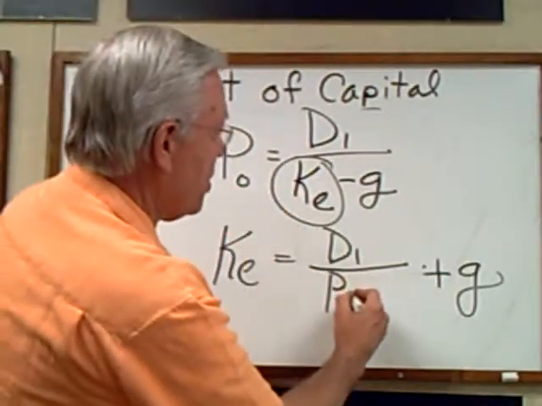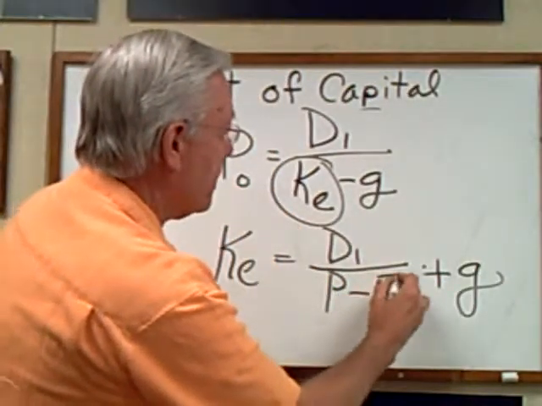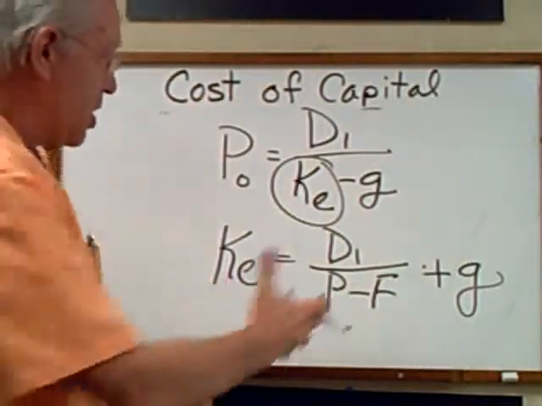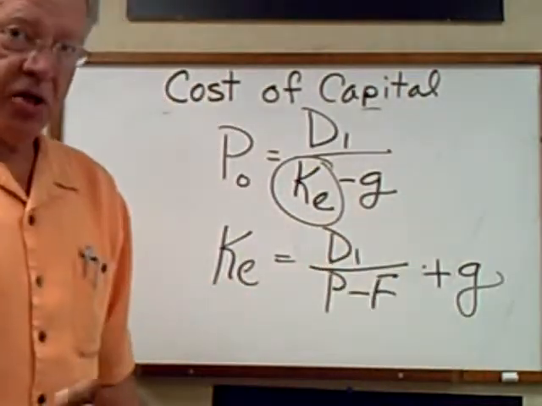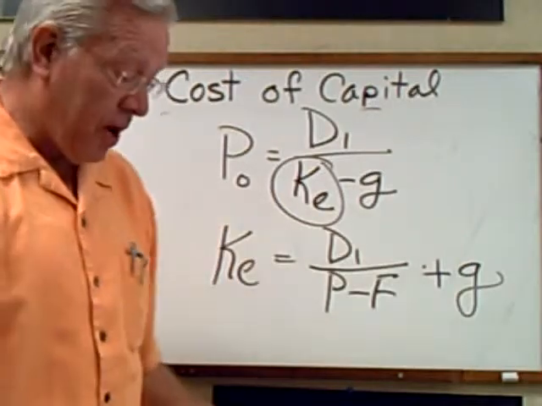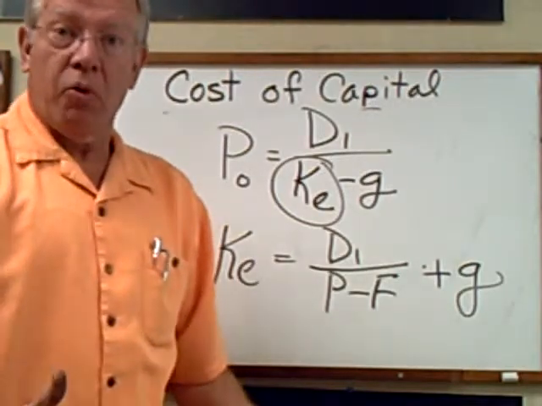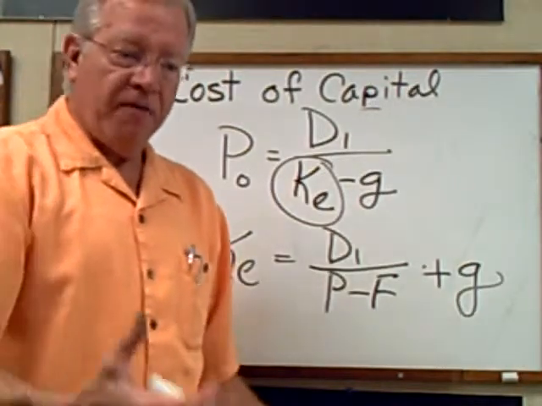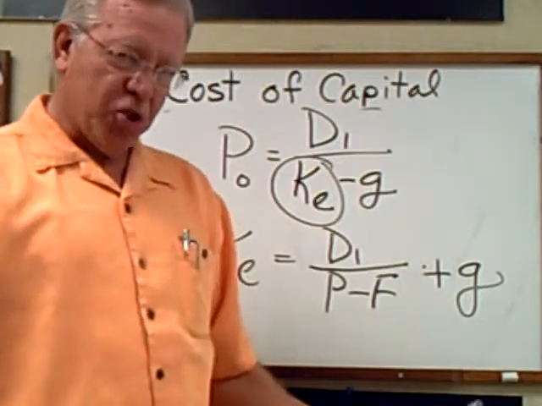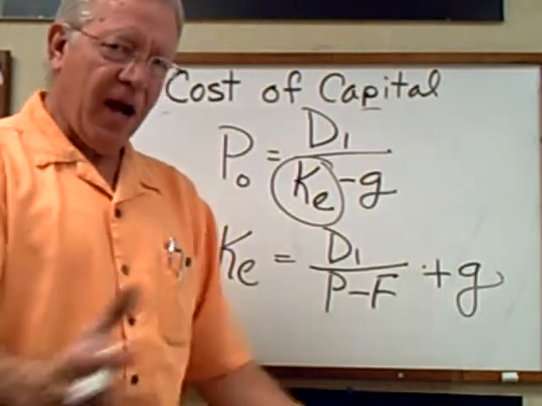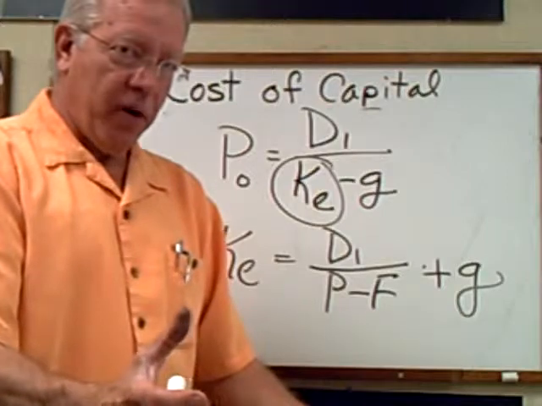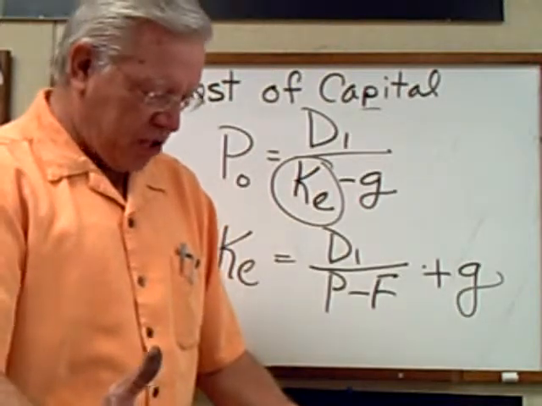And once again, if I'm going to issue new stock, I have a flotation cost. If I don't have a flotation cost, it's because I have existing stock that I'm holding in reserve. Usually, if I'm a corporation, I'll have some stock held in reserve that I've already paid for, and so I ignore the flotation costs on that.